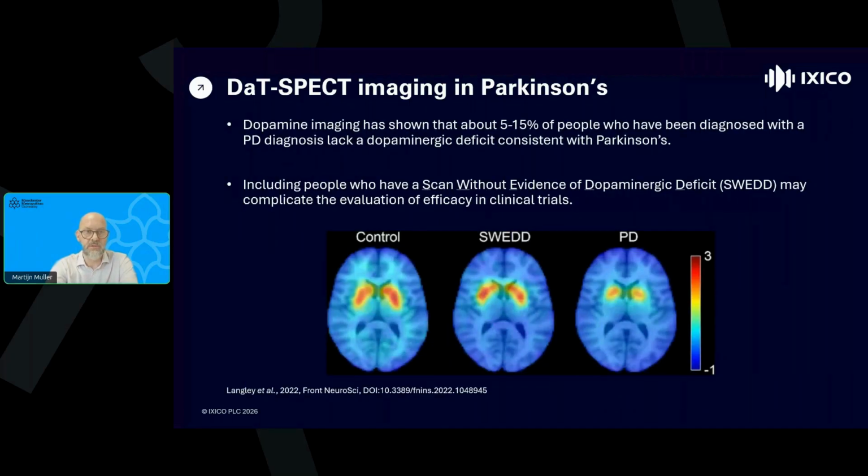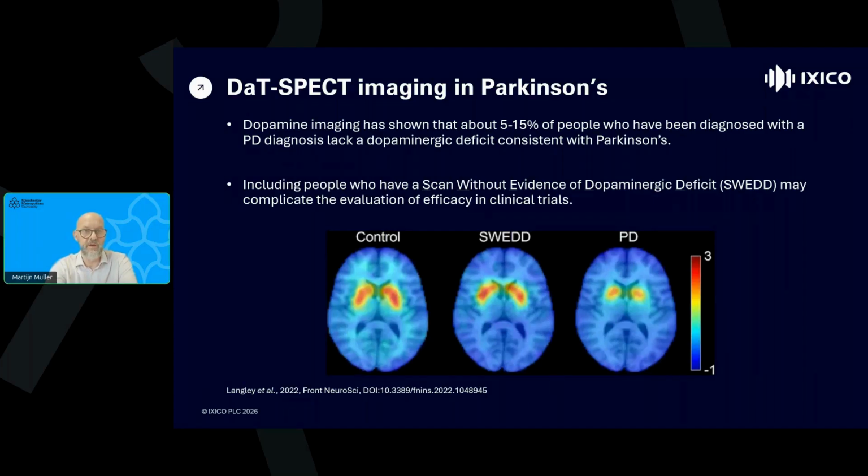Importantly, for the drug development process, a proportion of individuals diagnosed clinically with Parkinson's disease do not show evidence of dopaminergic degeneration on imaging. These are commonly referred to as scans without evidence of dopaminergic deficit, or SWEDs for short.